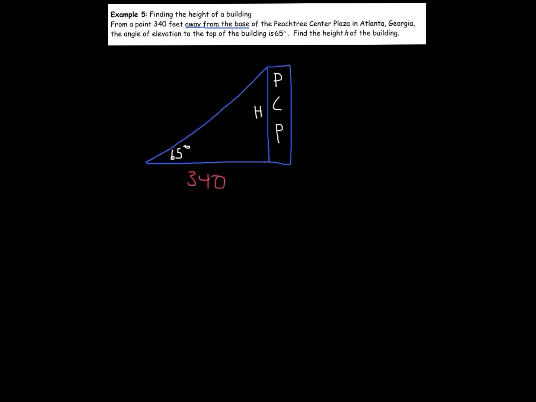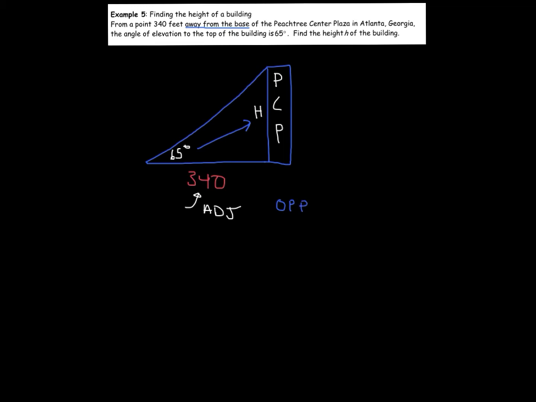All right, now you have to assess. This is your turn. You have to think, what side do I have? If I'm going to use 65 as my angle, I have the adjacent side. What am I looking for? The height of the building. That is the opposite side. I have the adjacent and I'm looking for the opposite.